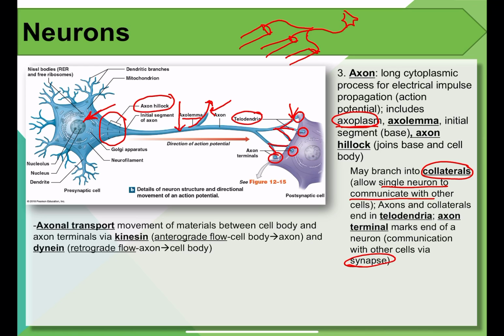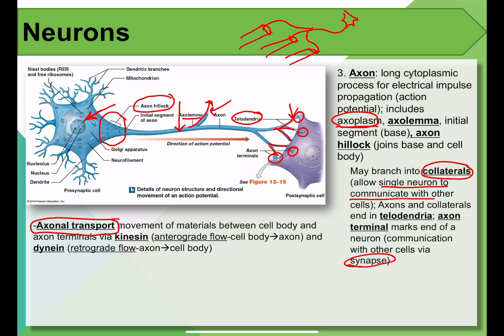Now, because neurons can be very long cells, some even a meter in length, they have special proteins that function as modes of transport down the length of their axons. The movement of materials between the cell body and axon terminal is called axonal transport.